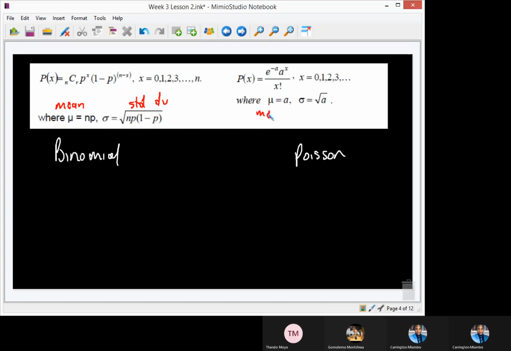And this is your mean under Poisson, and this is your standard deviation. Mean is the same as your average. So the question can say calculate the average, then that's what you have to do. So that's your binomial and Poisson. Right. Any questions on binomial and Poisson? Any questions?